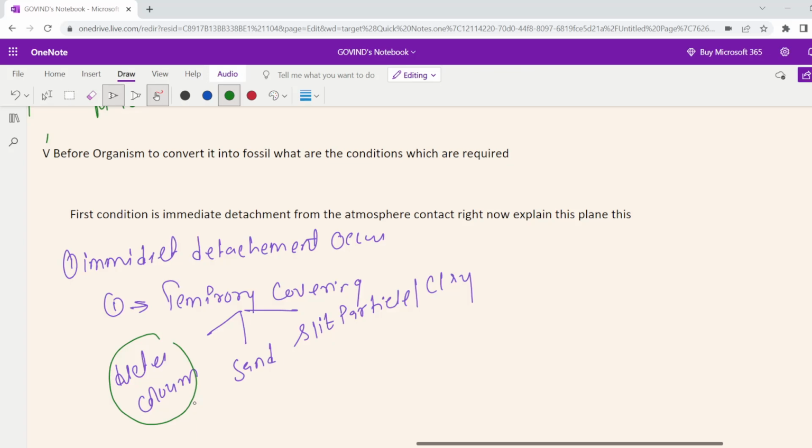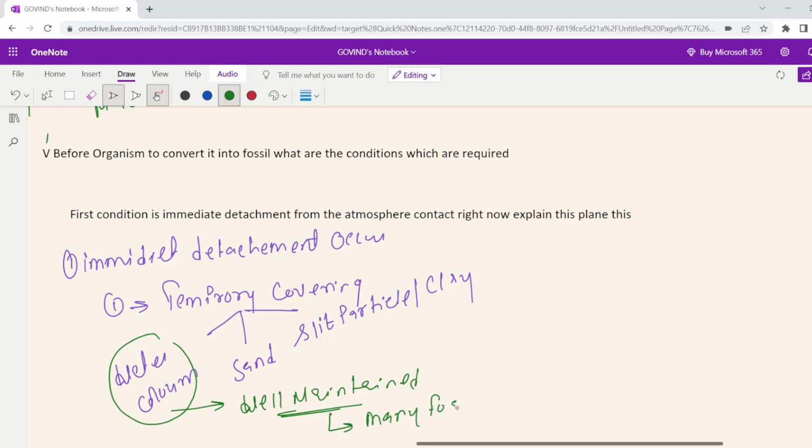I know you can understand why. That is why many fossils are present in marine water. So it is important to understand that the water column is kind of permanent, and the temporary covering is well maintained. I'm writing in a very short notes form. It is well maintained, and that is why many fossils are found in marine water.